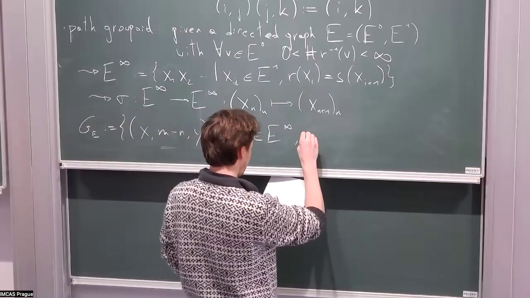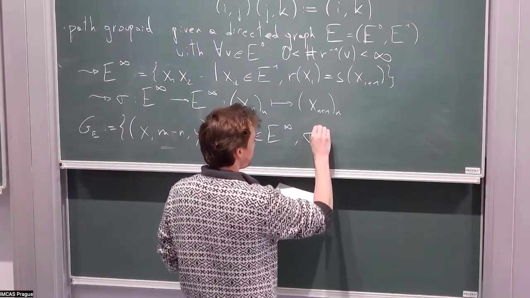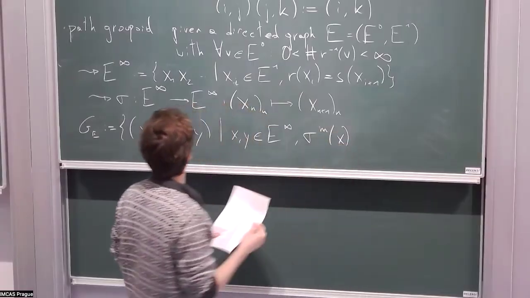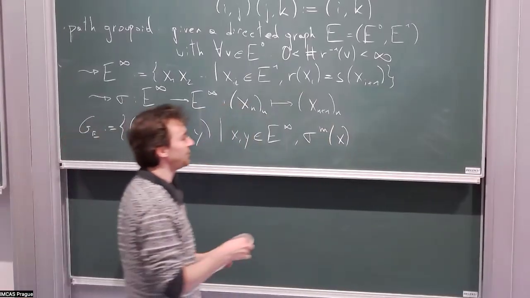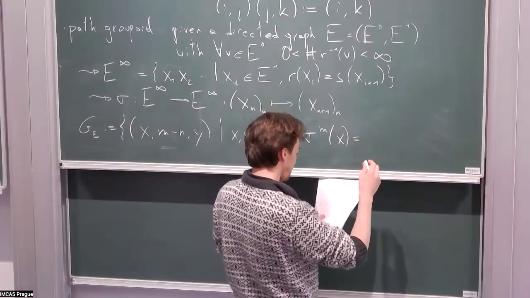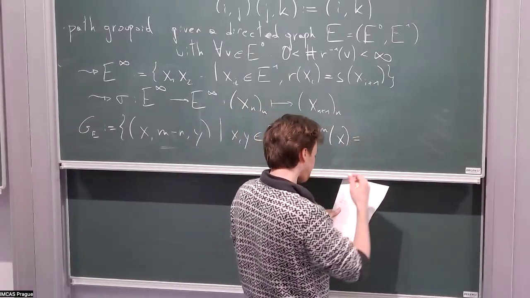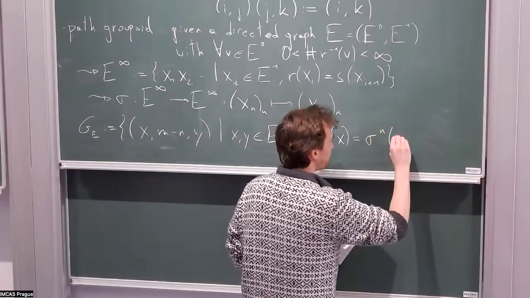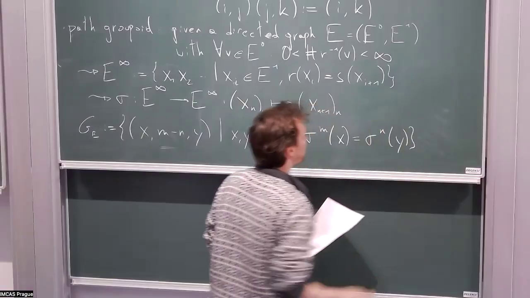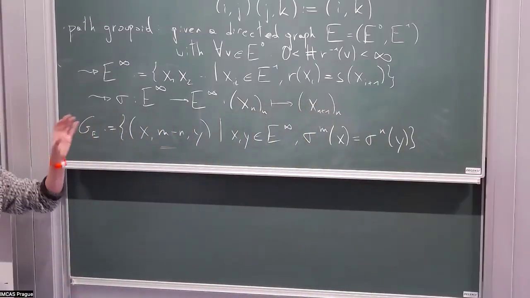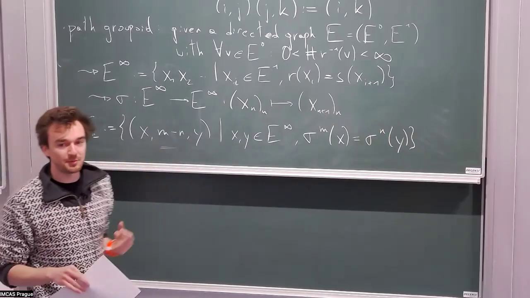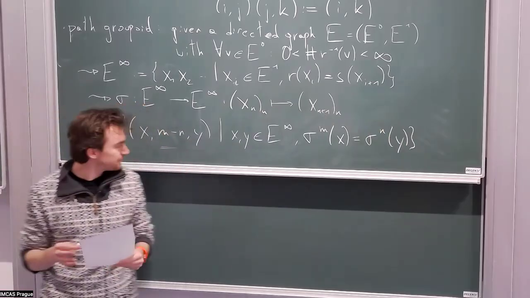So this is saying if we apply this shift map m times to x, then this is equal to applying the shift map n times to y. So up to a finite part, these two paths should be the same in the tail end.